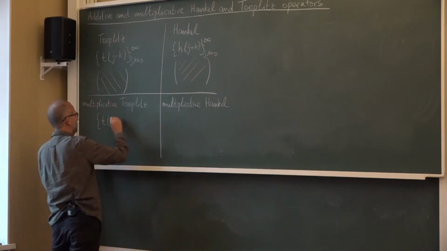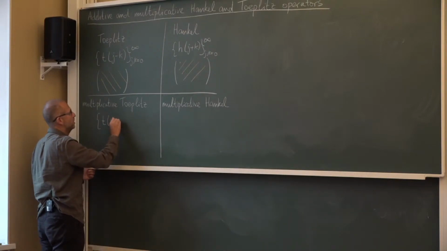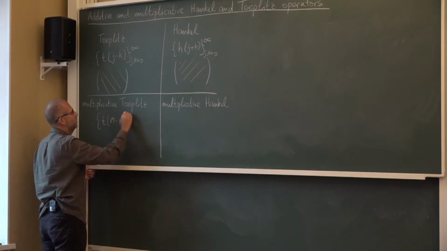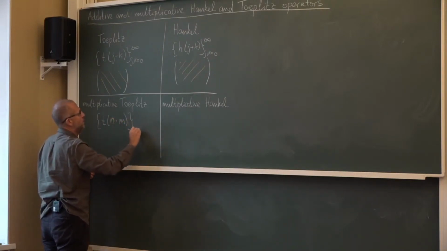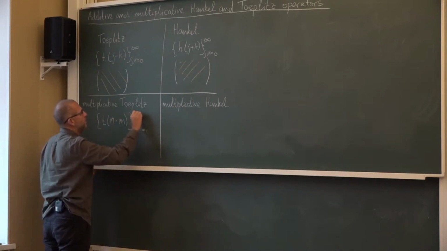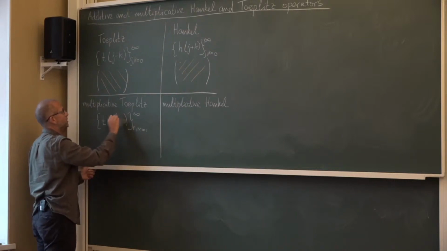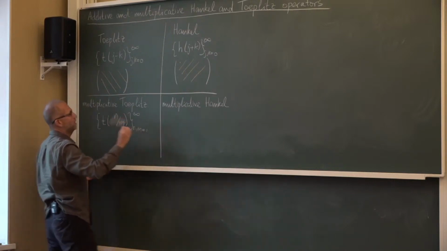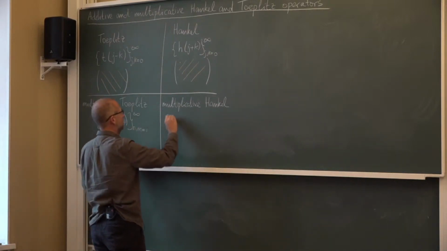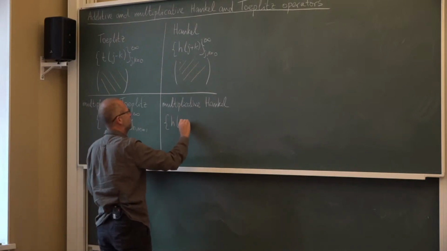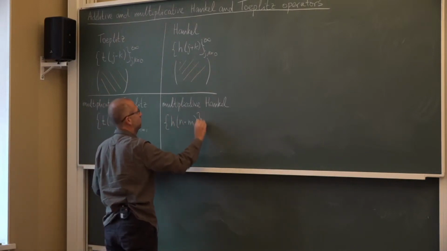I will use different notation here, N and M. Sorry, should be N over M. And here, Hankel, N times M.